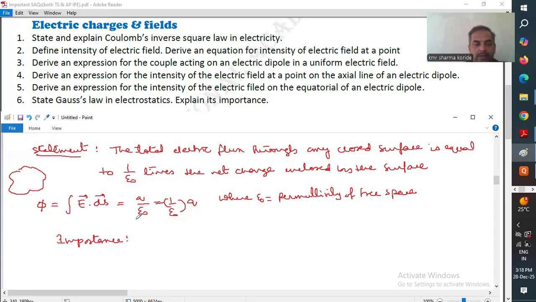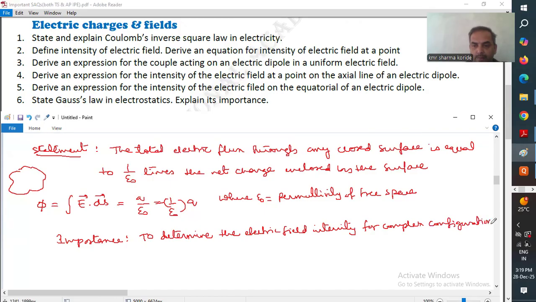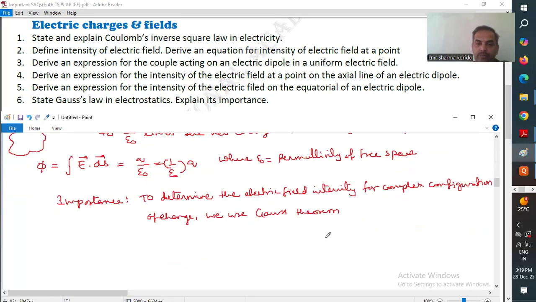First, to determine the electric field intensity for a complex configuration of charges, we use Gauss theorem, because we cannot apply Coulomb's law for the determination of electric field intensity.